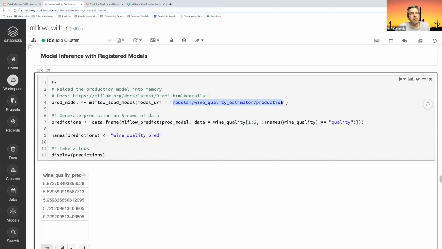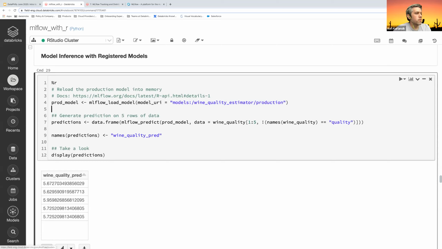So this is your production wine quality estimator model. If we change the version, or if we decommission version 1 as the production one, and instead promote version 2 as the production one, this code never has to change. This will always point at what's marked as production. So you can update your models without having to update your production code, which is a very nice feature. It decouples that.